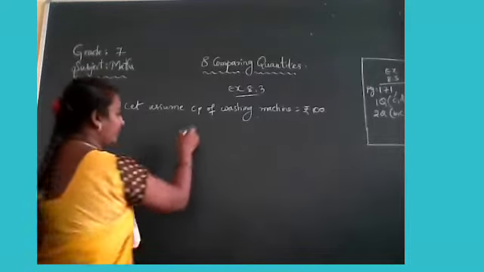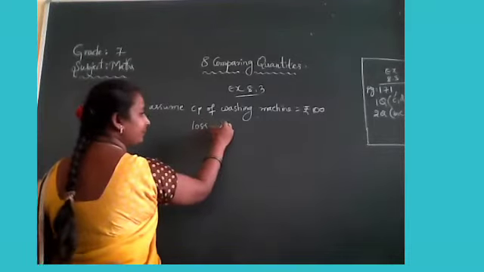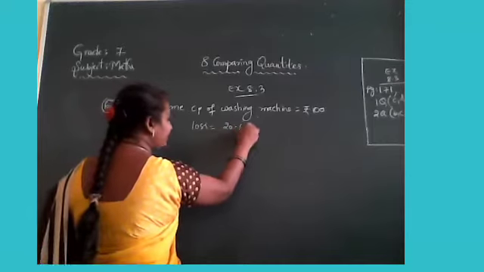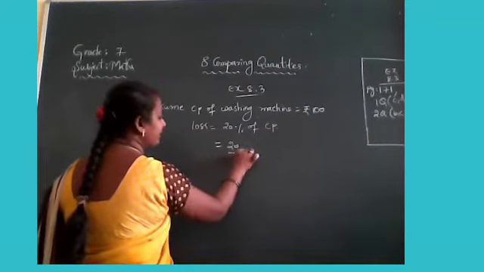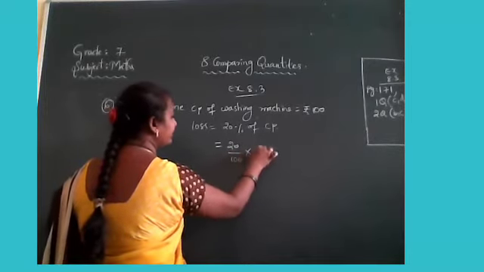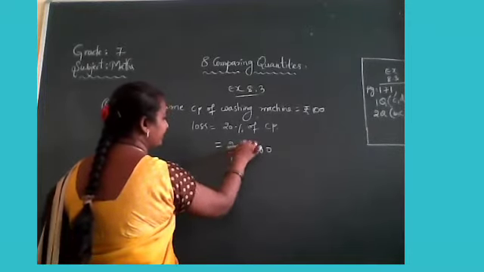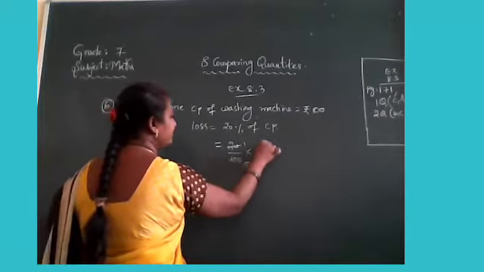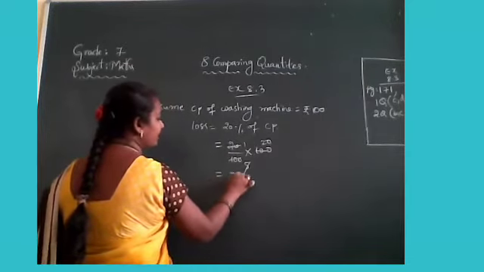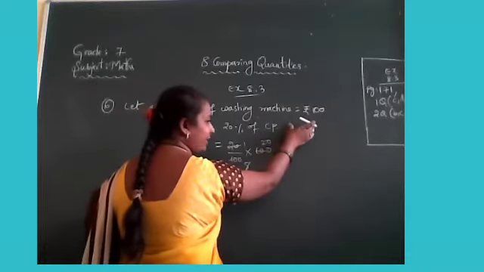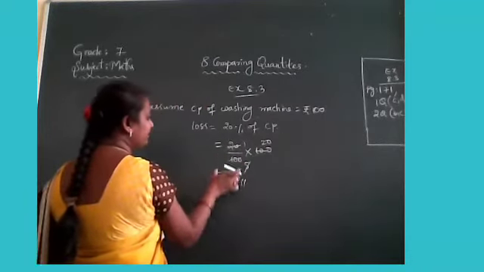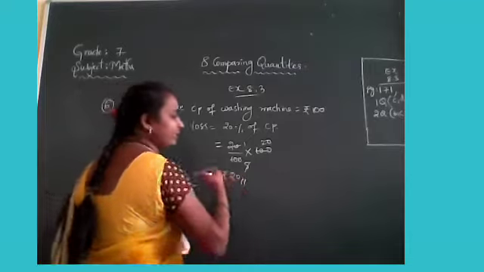So she got a loss of 20% of the cost price. That means 20% is 20 by 100 into 100, so that is 20. So how much loss? 20 rupees loss. So if you assume 100 rupees as the cost price, you will get 20 rupees loss.